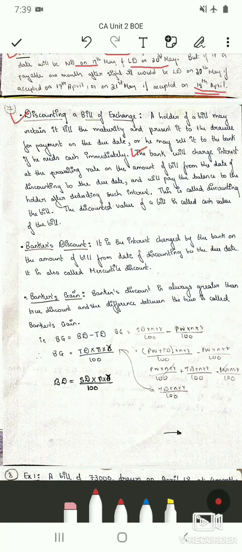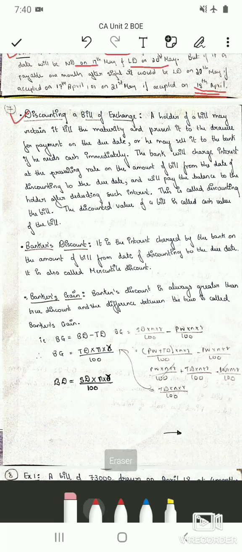So the bank will pay cash to the seller, but it will charge some interest on the sum due, the amount mentioned in the bill, from the date of discounting till the legal due date, and will pay the balance to the holder after deducting such interest. So this is called discounting of the bill.